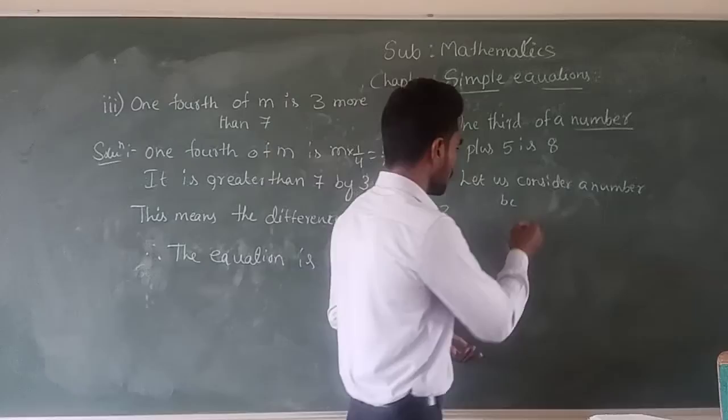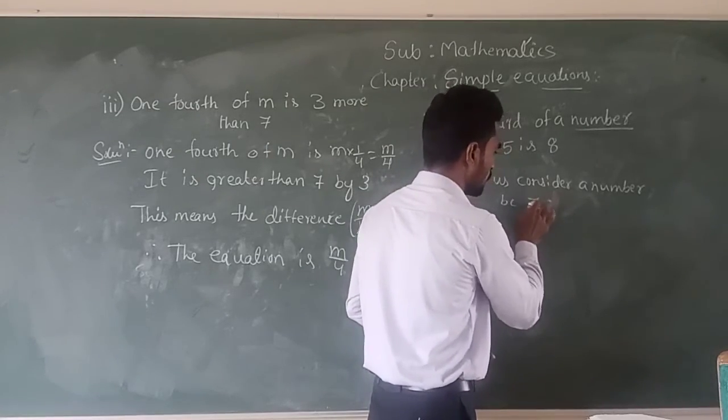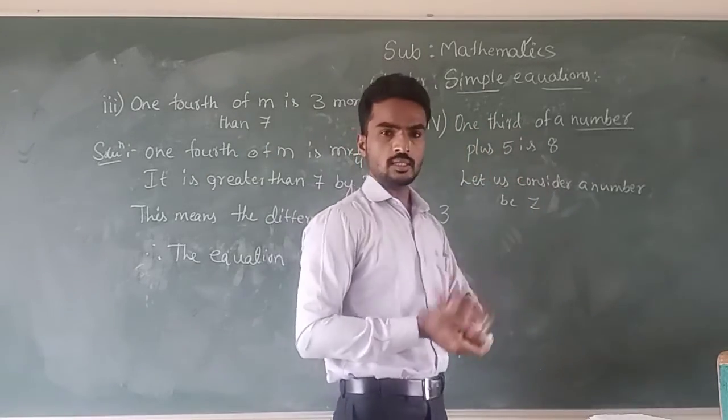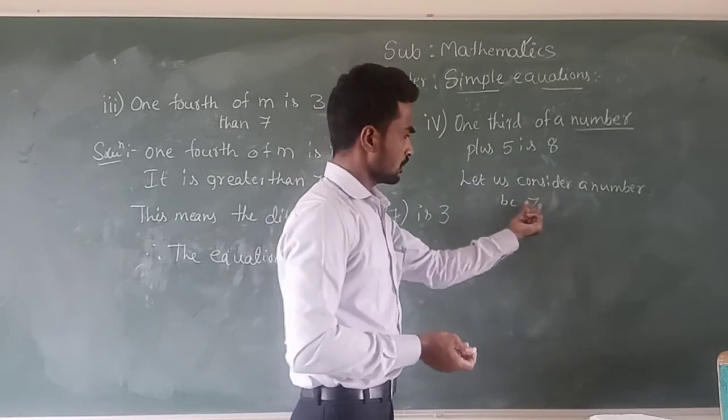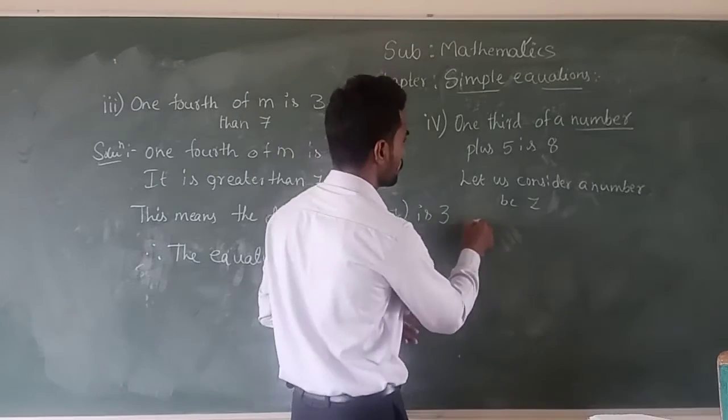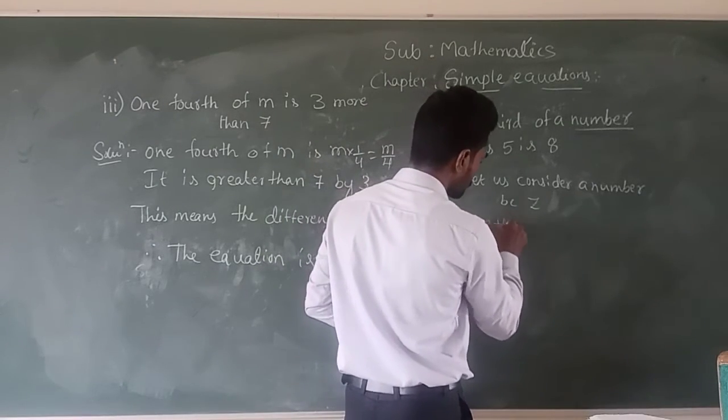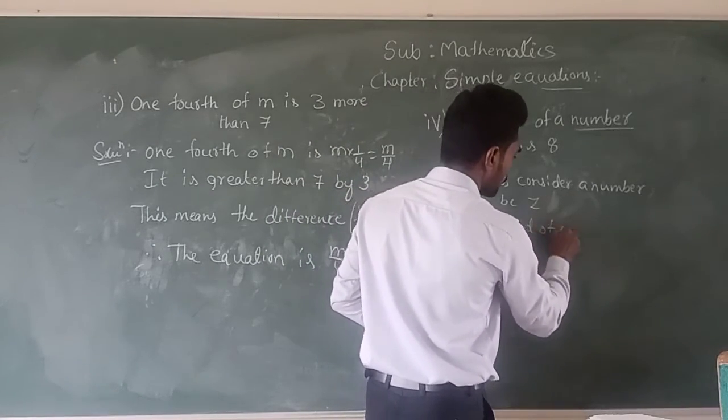I will take that number as z. Then 1/3 of a number is z/3.